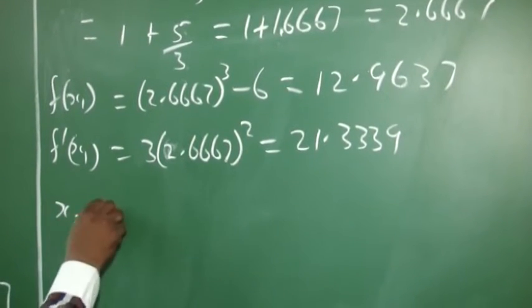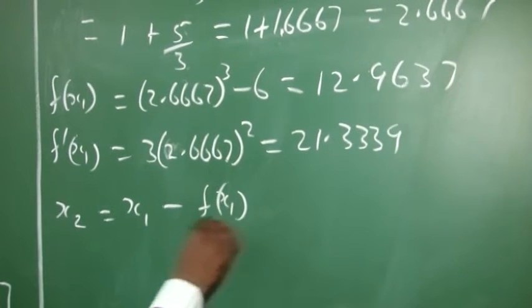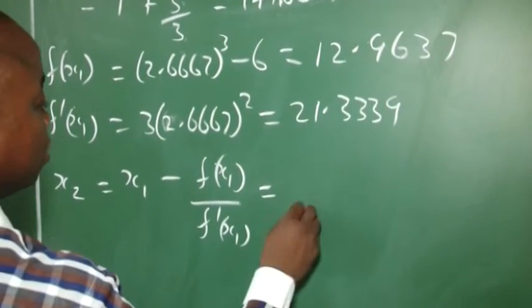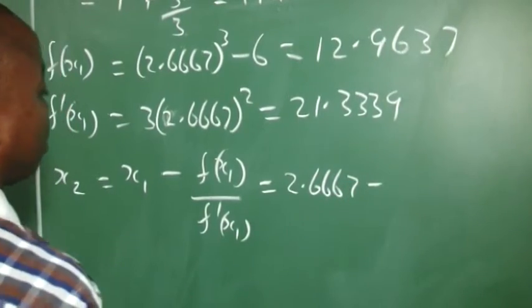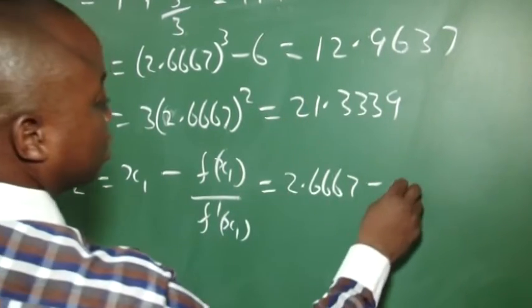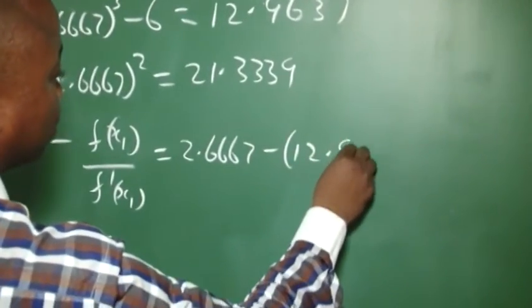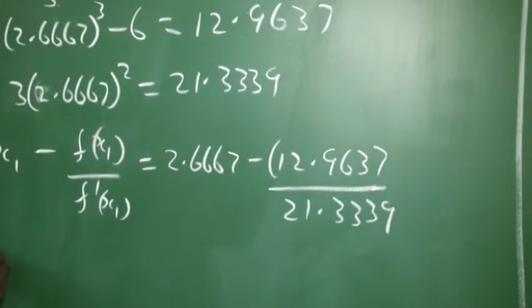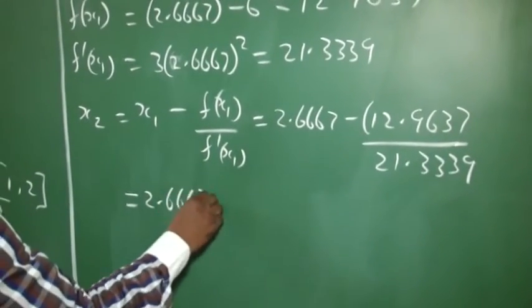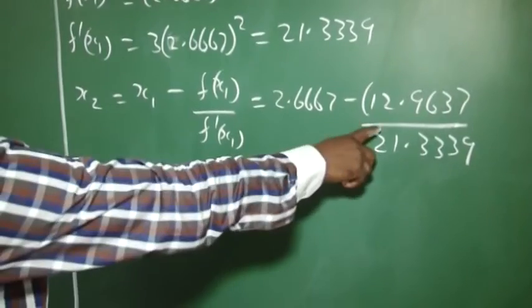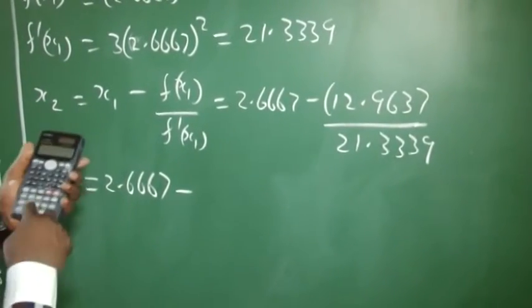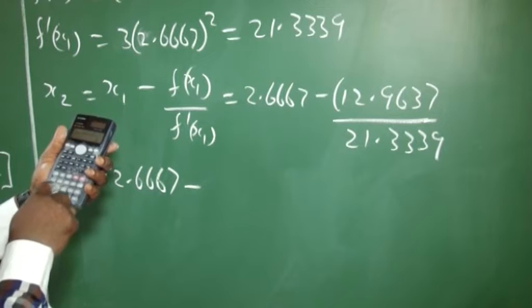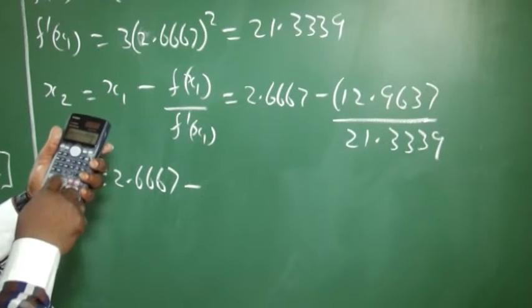So x2 will be x1 minus f of x1 over f prime of x1, which is 2.6667 minus 12.9637 divided by 21.3339.